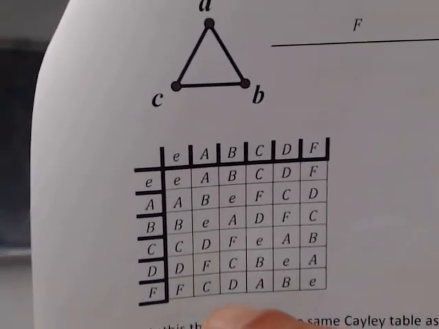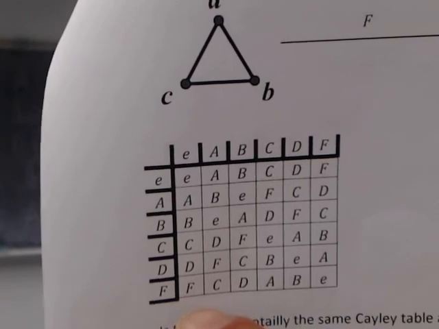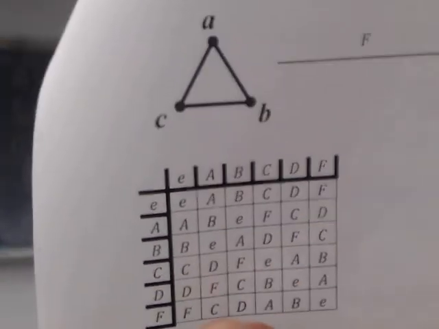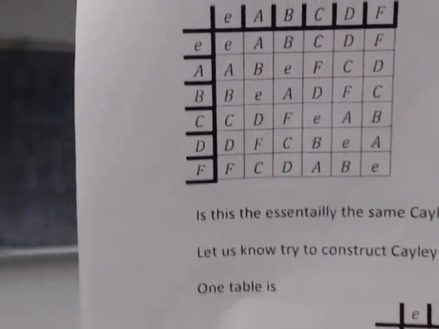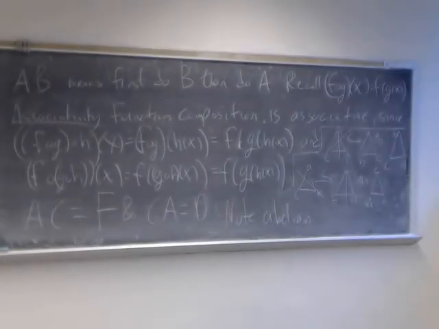Again, notice how it's not symmetric here. If I flip it over the diagonal, it's a different entry. It does not match up. So that's essentially this table that can be realized as a group of 6 matrices, and we'll come back to what those 6 matrices are.